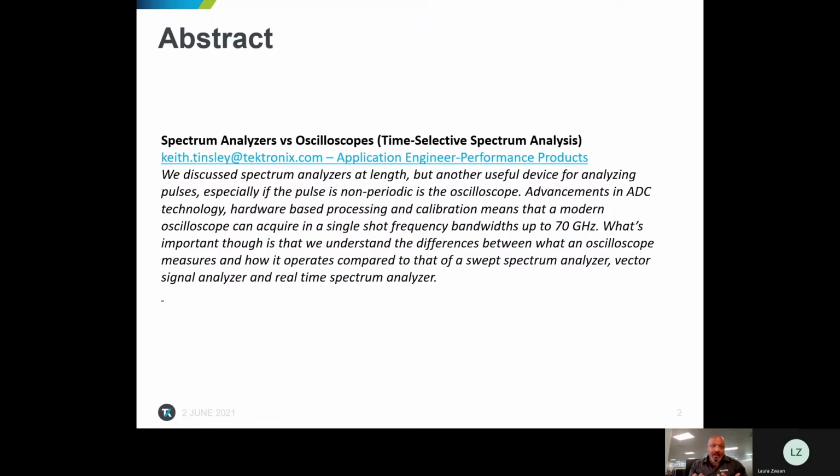We could talk at length about spectrum analyzers, but I really want to give them both equal weighting here, because depending on the application or what the problem to be investigated is, there are certain advantages in using one versus the other. Specifically, when it comes to looking at sharp edges or time domain signals, the oscilloscope has traditionally always been the instrument of choice.